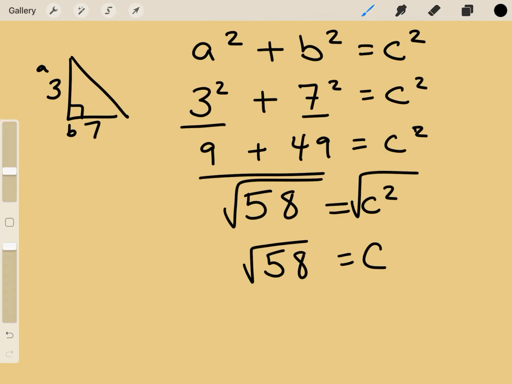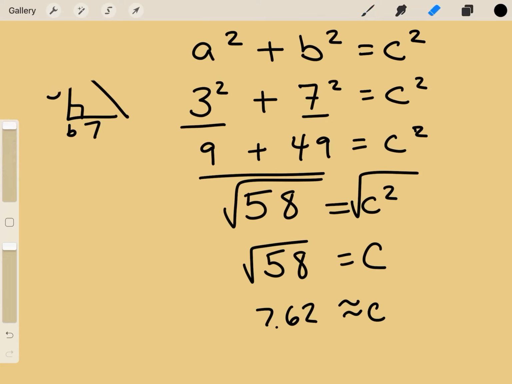So we're going to just leave it as the square root of 58. And the decimal version of that answer is approximately, so I'll actually change it. Instead of the equal sign, I'll say it's approximately equal to 7.62.